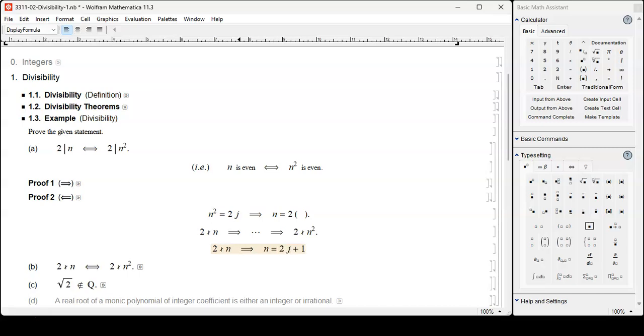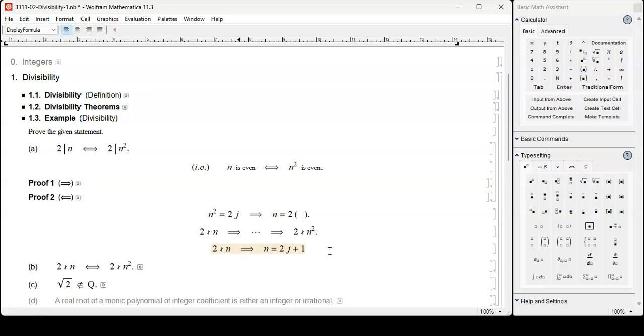Does it make sense? If it is an even number, 2 times some integer form, then it's divisible by 2. If it's an odd number, 2j plus 1 form, even plus 1, then it's not divisible. So every whole number is either even or odd. Actually, every integer is even or odd.